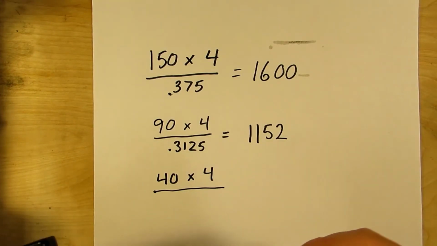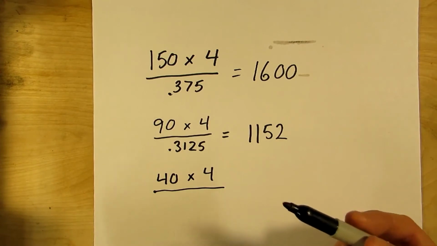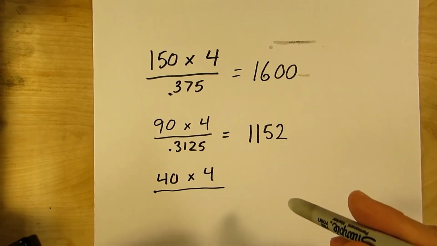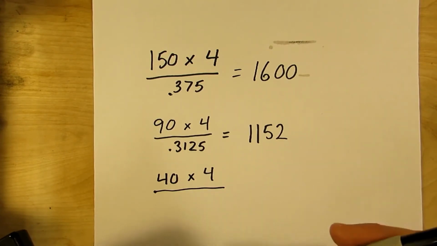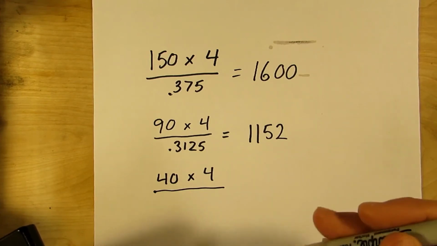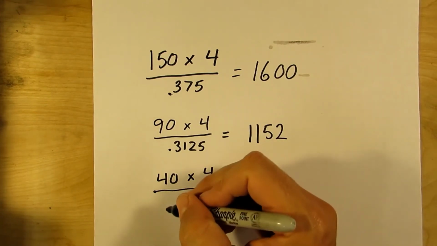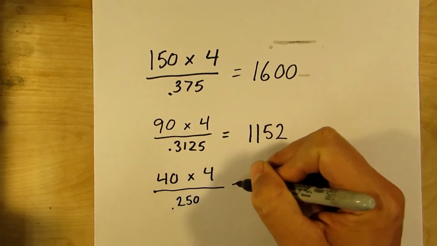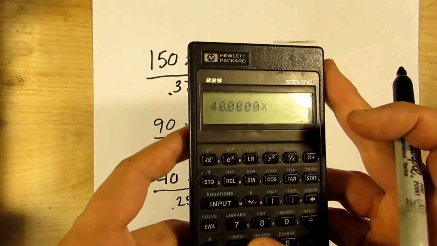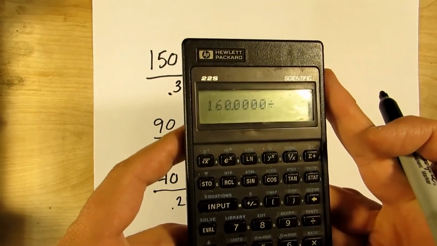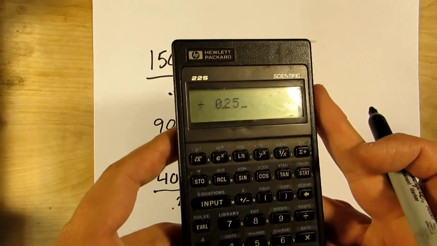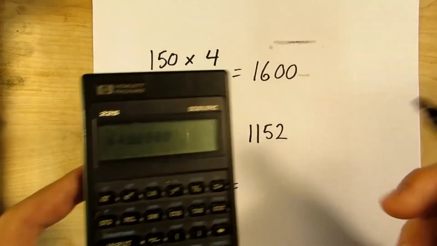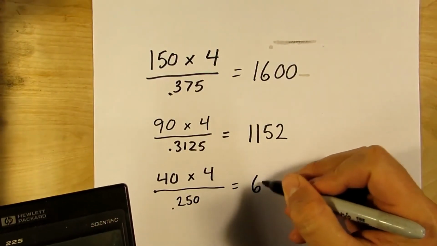It's a 1/4 inch hole, but it's a 6-inch piece of stainless. If we're drilling a hole, we need to use the size of the drill because that's what our material is moving past. So in this case, it has to be 0.25 down here. 40 times 4 divided by 0.25, and we get 640 RPM.